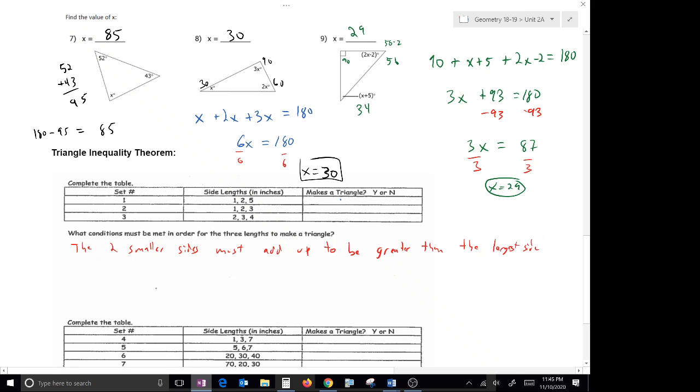Or mathematically, small side plus small side is going to have to be greater than the largest side.